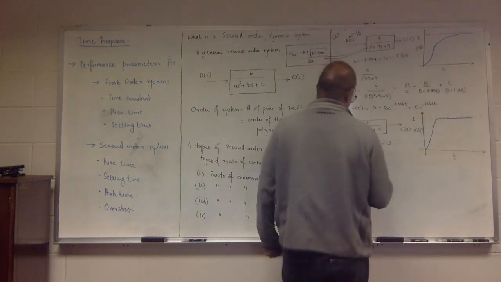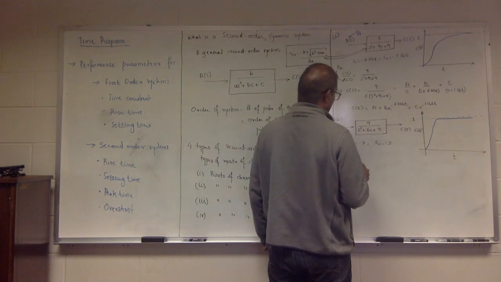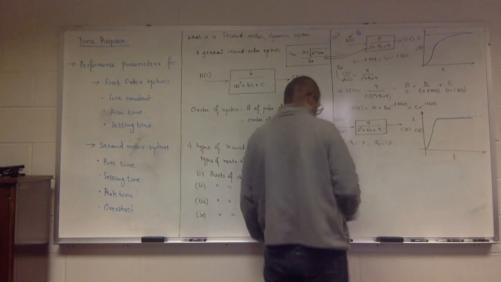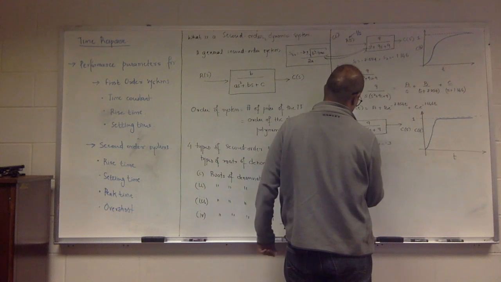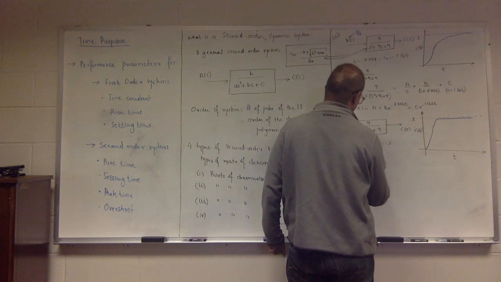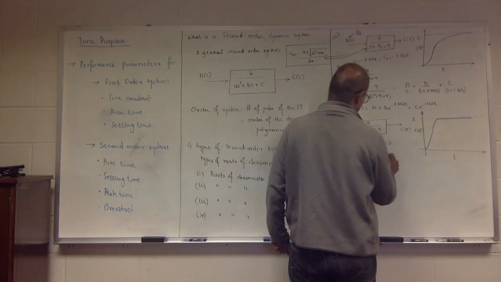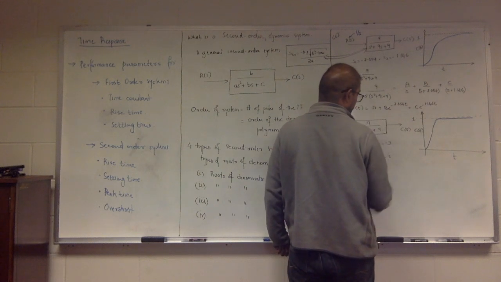Now here, tell me how would C of t look? C of t would look like a plus b e to the power of minus t, right?